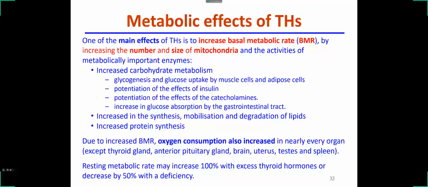Raising this metabolic rate may increase nearly as much as 100% with excess thyroid hormones, or decrease by 50% in the case of a deficiency. So with an increase of thyroid hormones, you're going to see this basal metabolic rate go up dramatically, and with a decrease or a deficiency, you will see a decrease.